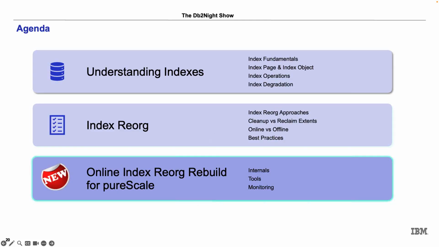Then we have the online table reorg. For online table reorg, the index will be maintained online. There's no rebuild at the end. So anytime there's concurrent access to the table doing modification, the index will be maintained online. Got it. Okay.